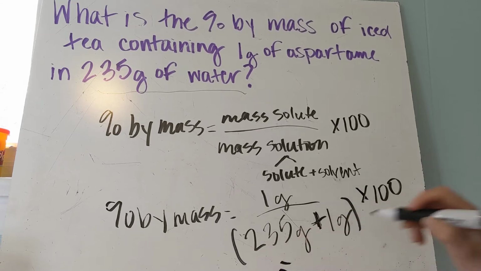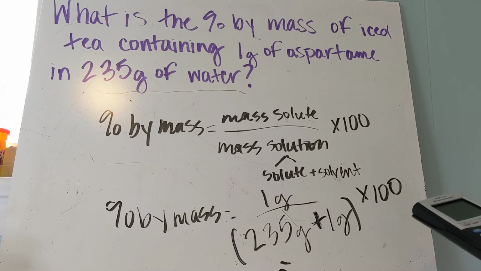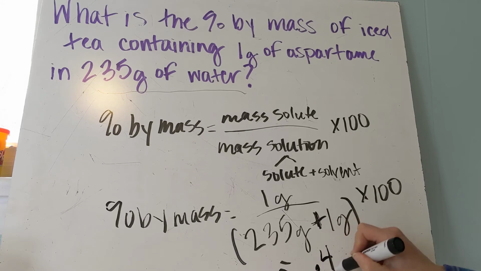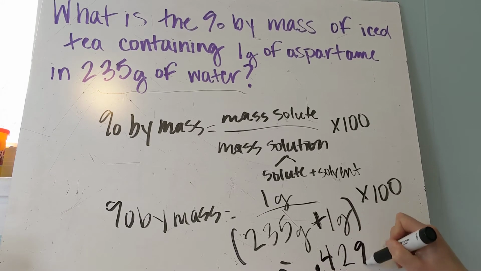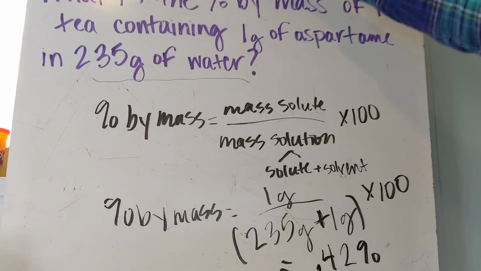Before I multiply by 100, I get 0.004. Then when I multiply by 100, I get 0.42%. Okay, so that's after I multiply by 100. Alright, let's move on to another problem.